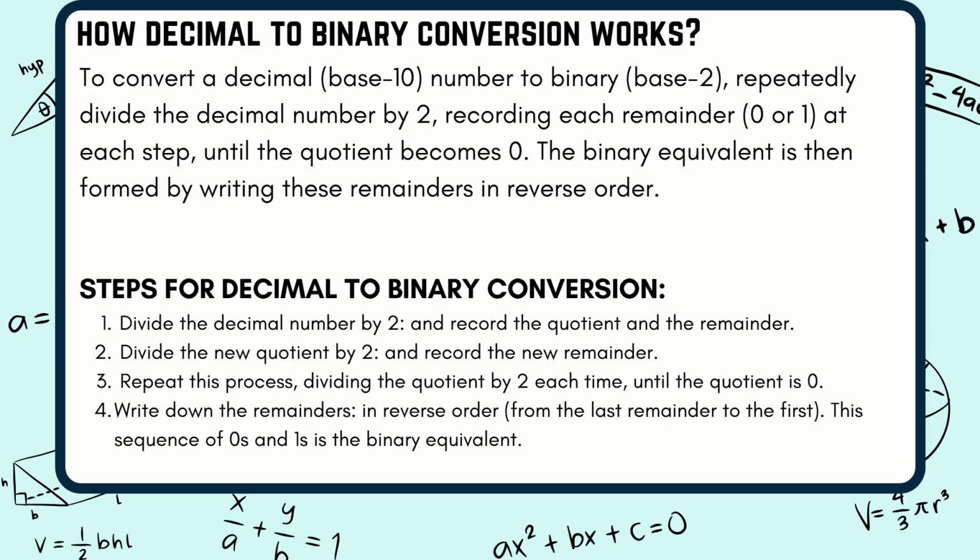You will divide the quotient by 2 each time until the quotient is 0. Step 4, write down the remainders in reverse order, from the last remainder to the first.